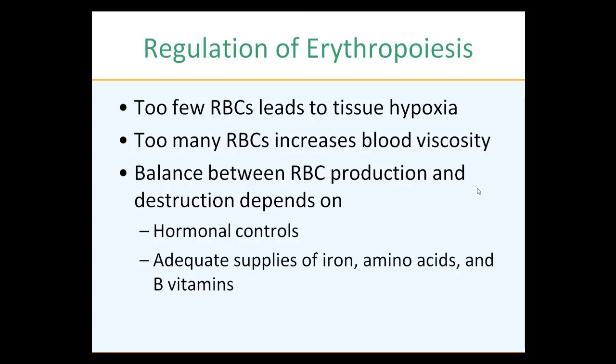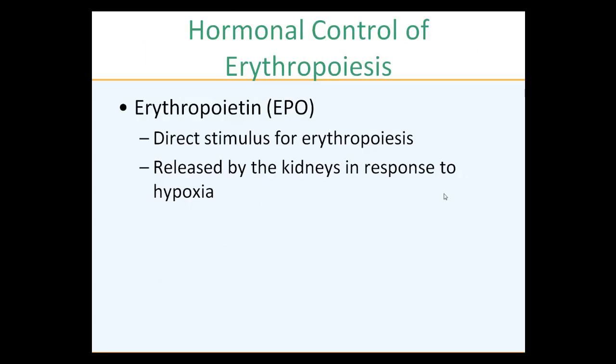Also, if you don't have enough proteins to make the globin portion, that can lead to a problem as well in the synthesis of red blood cells. Vitamin B, and mainly vitamin B12, the absence of it can contribute to a kind of anemia called pernicious anemia, and we will talk about that in detail in a few slides.